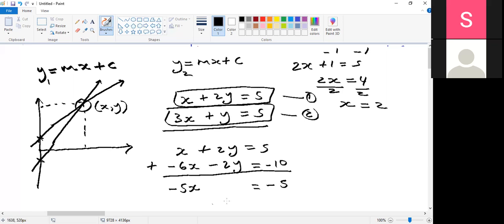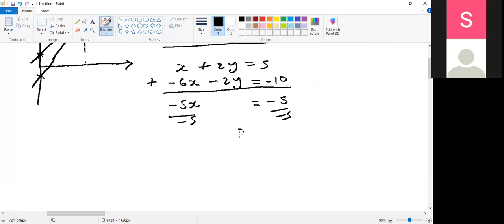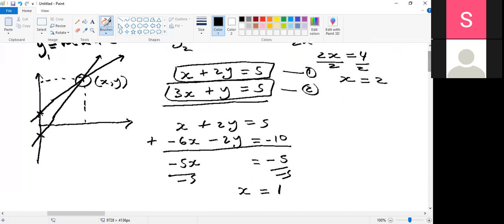Now, this is simple stuff. This is what we have been doing. So this is just negative 5x equal negative 5. To get x, we just divide both sides by negative 5. And if we create a little more space, we get x equal to 1. Now that we know what the x value is, we need to know what y is.